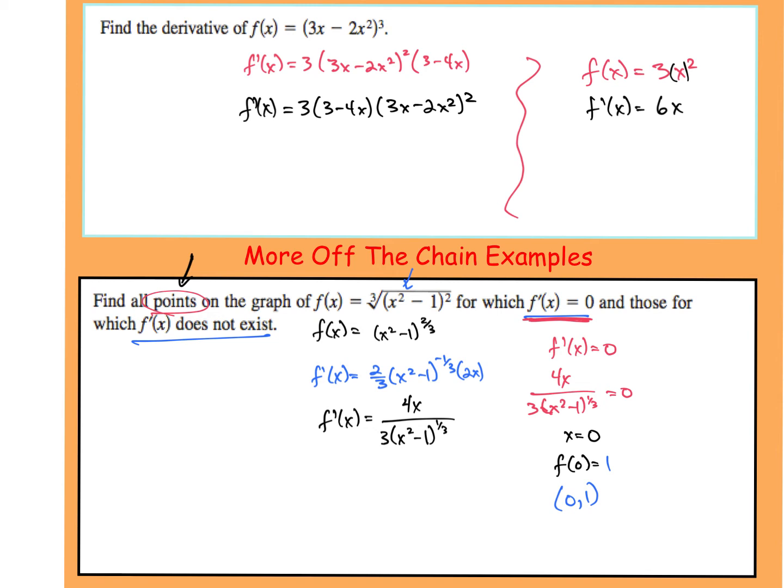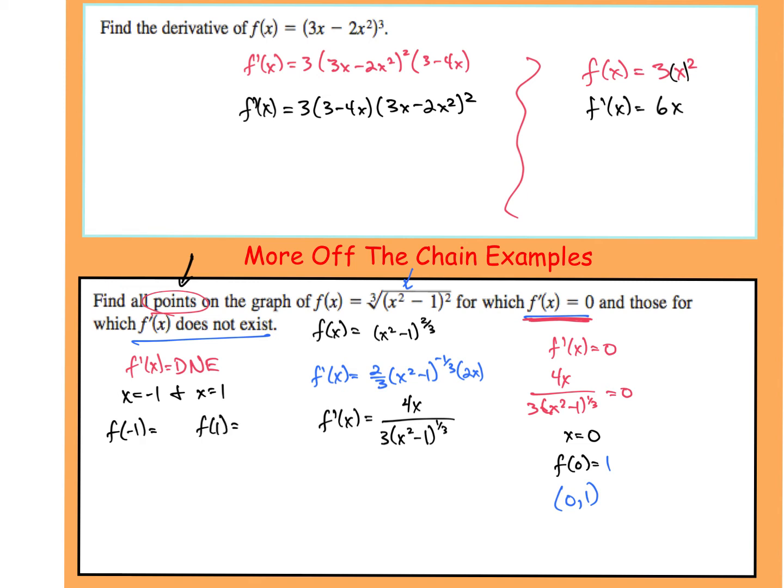Now let's find when f prime does not exist. So when does f prime not exist? When x equals what? 1 and when else? And -1. So I want the points though. So I need to find my y values. So I have f of -1 and f of 1.